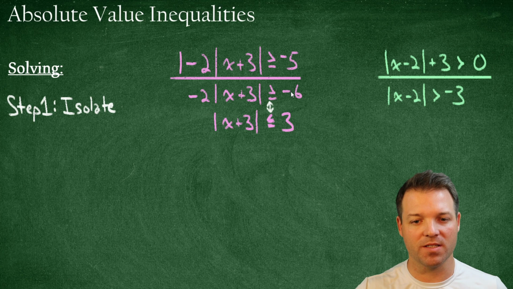So negative 5 minus 1 is negative 6. Then I need to divide by negative 2. Notice that I switched the sign. Whenever you divide or multiply an inequality by a negative, you have to reverse the sign. So that greater than or equal to became a less than or equal to. Now the one in pink has been isolated. We have isolated the absolute value on the left-hand side.